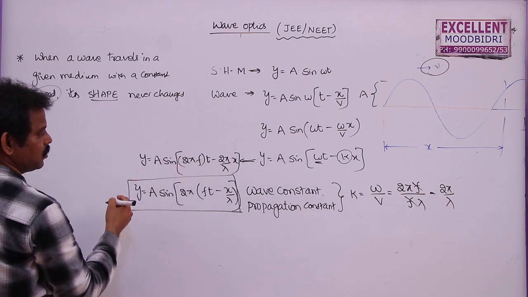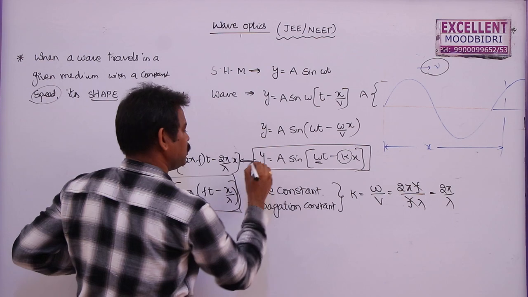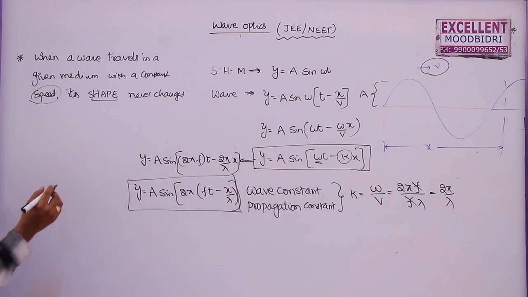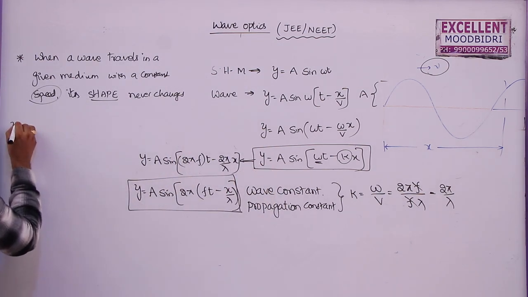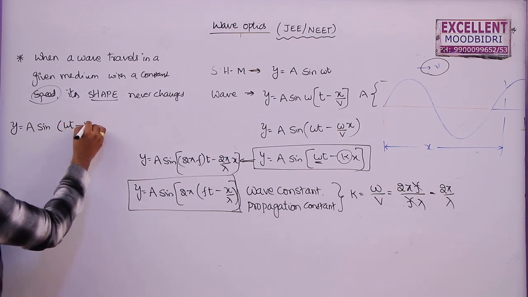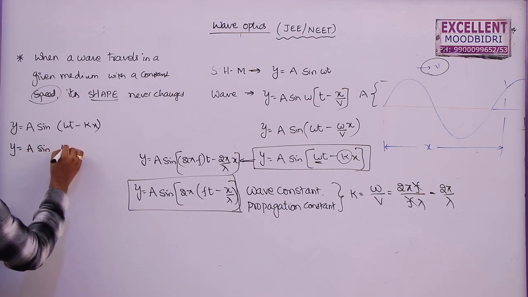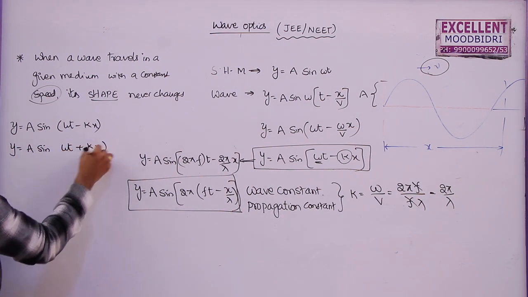So in this equation you can see y = a sin(ωt − kx). But in some problems, we can see this as y = a sin(ωt − kx), or y = a sin(ωt + kx).